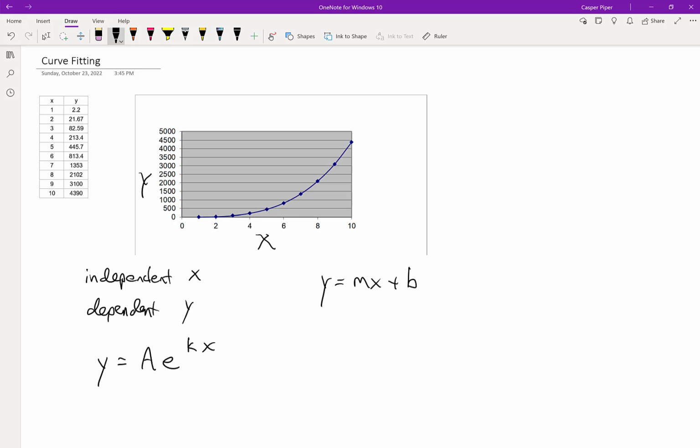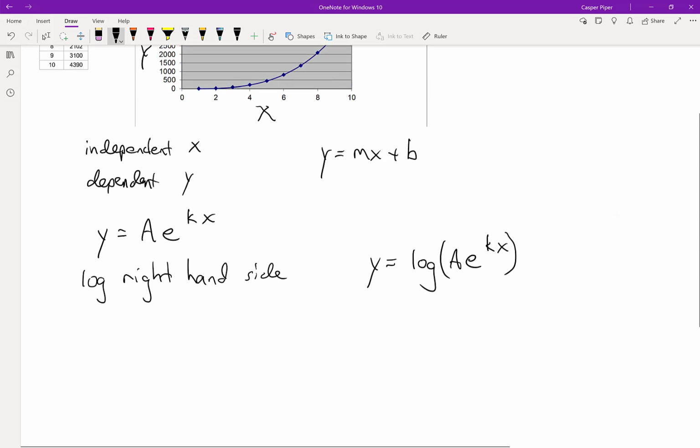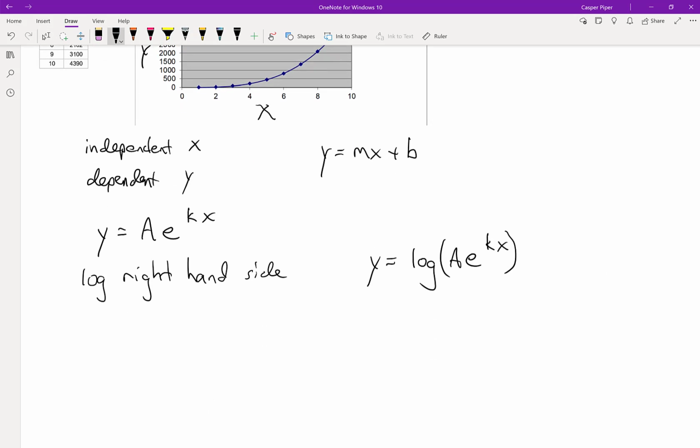Well, if I take the log of the right-hand side, and just the right-hand side, then I'm going to get y equals the log of a e to the kx. But if I use my logarithm properties, this is going to be the log of a plus the log of e to the kx.